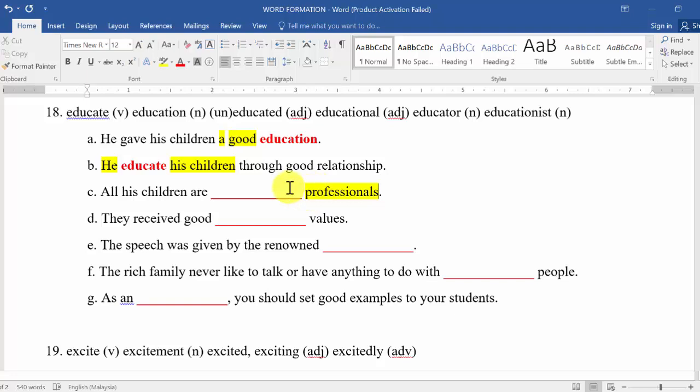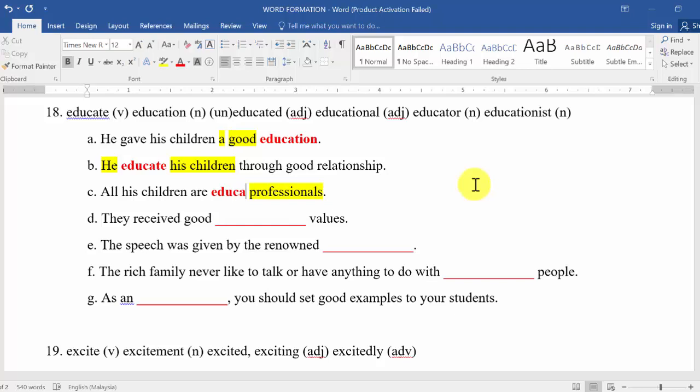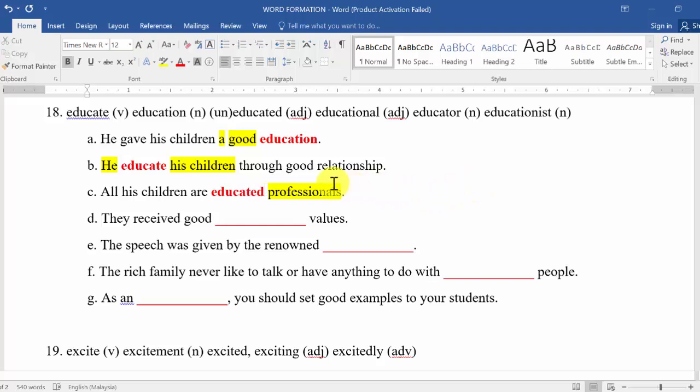If you have a noun at the back and a blank in front, usually the blank will be an adjective, which is describing the noun professionals. So your answer here should be educated professionals. If you're very good at something, it means you have learned this thing a lot. You studied about this thing a lot. So your answer should be the adjective educated.